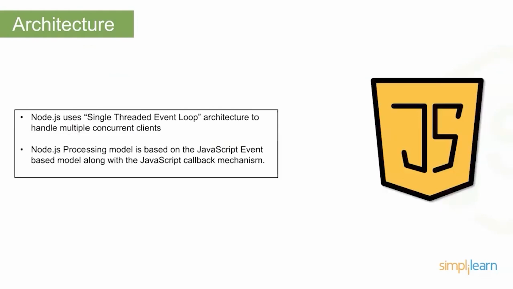And then in addition to that, we have the JavaScript event-based model along with the JavaScript callback mechanism that allows you to have this standard approach to being able to connect with and discuss interactions between the client and the server. It's good to have these kind of standards where you're not using something that's unique to a specific framework or a specific technology. This just makes it more accessible for everybody.